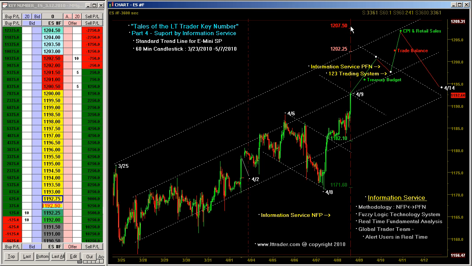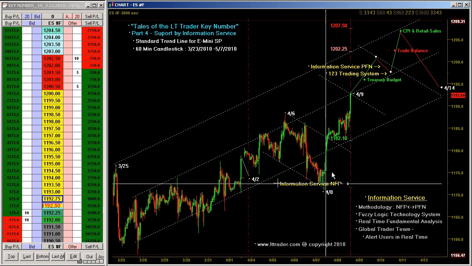Second, if the price suddenly rallies from 1192 to 1207 before the release of the CPI report, it's considered news factor to price, and you can capture the downtrend from the LT Trader Information Service.